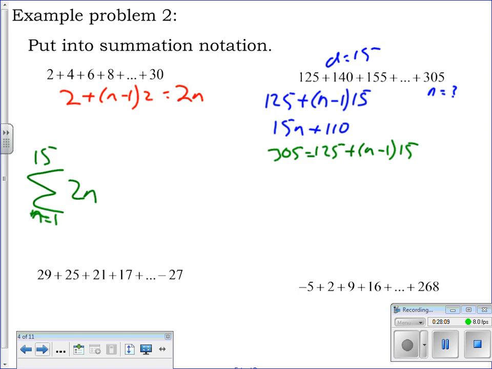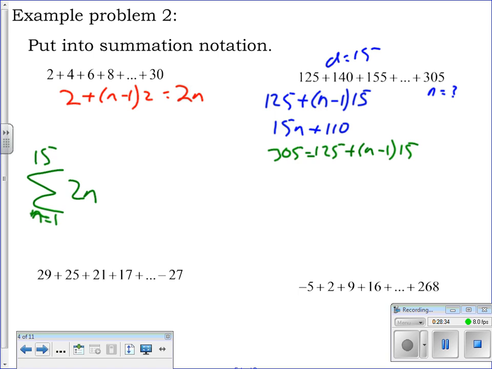Got to do it again. You're going to be really good at this by the time we get done. 305 minus 125 plus 15, divided by 15. And I get N equals 13 for mine.